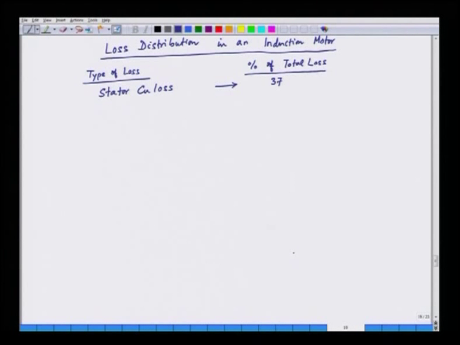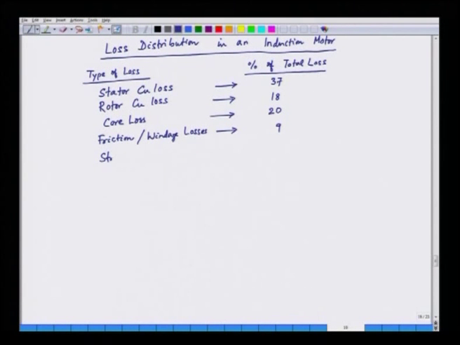And then we talk about the rotor copper loss. Rotor copper loss is about 18%, and the core loss is about 20%, and friction and the windage losses is about 9%.